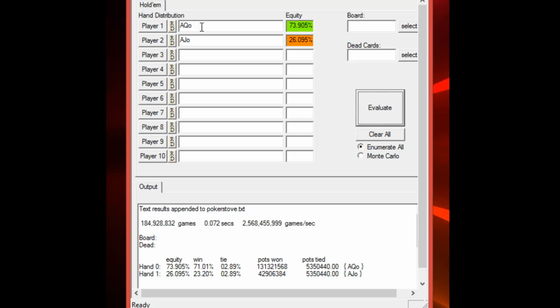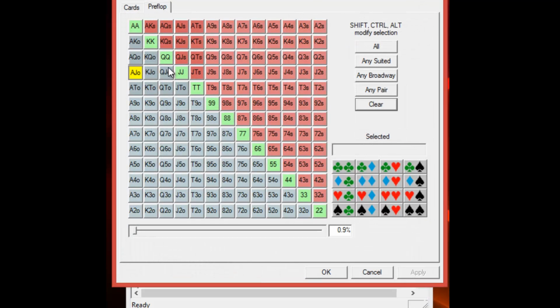So how this works in a real game is, anytime you're asked to make a decision, you're going to take into account your range and your opponent's range. For example, if I have 10 big blinds and I have something like queen-jack, let's pick queen-jack out of this. This is PokerStove.